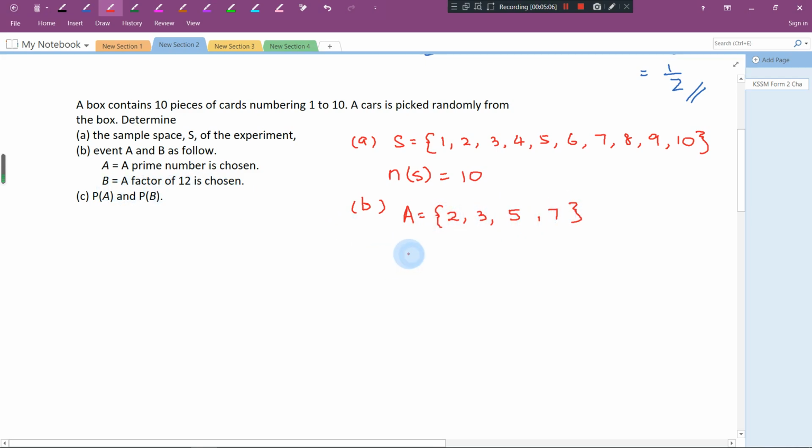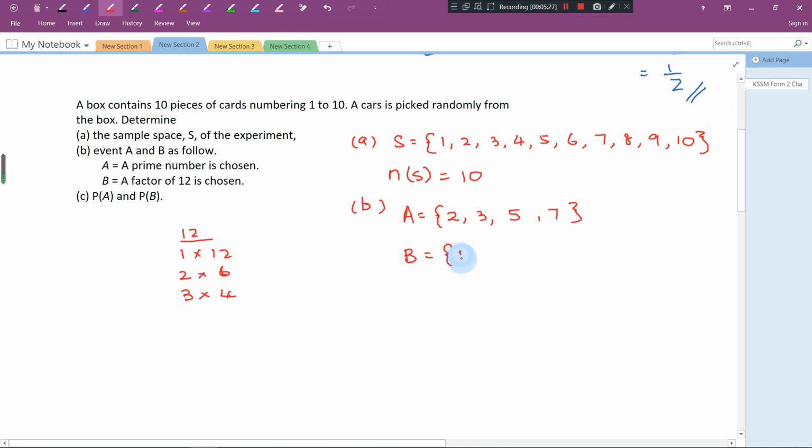How about B? Factors of 12. 1 times 12, 2 times 6, 3 times 4. These are all factors of 12, but you have to be careful.